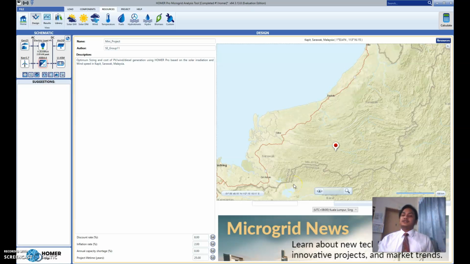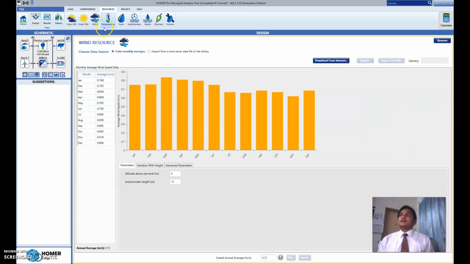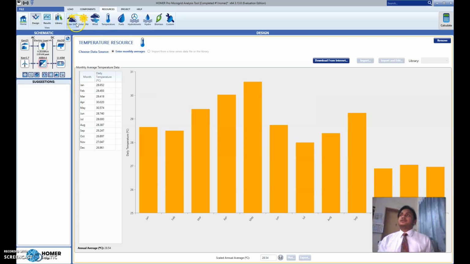During this simulation, we obtain the data resources from worldweatheronline.com, where we find the data of solar GHI, wind resources, and the temperature.